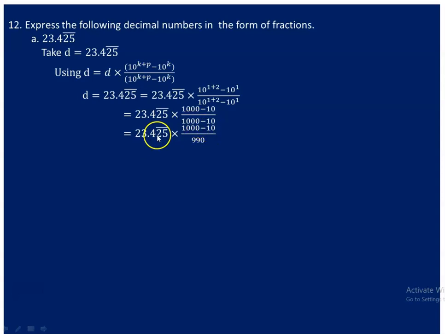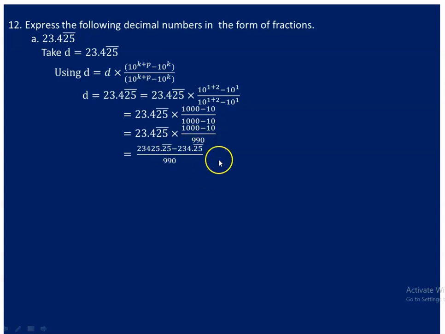So as you are moving this decimal point, passing through 1 digit to the right side, this turns to be 234.25 having bar 2525 like that. So this is going to be like this then. Look, as you are doing that, 23,425.25 repeating minus 234.25 repeating divided by 990 can come.